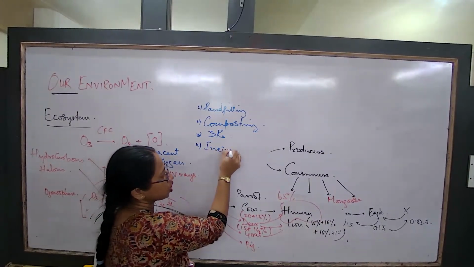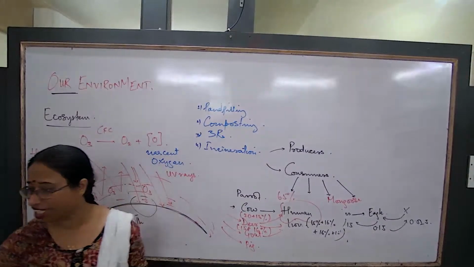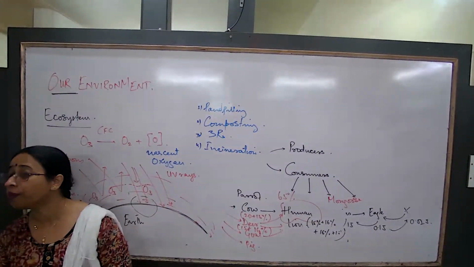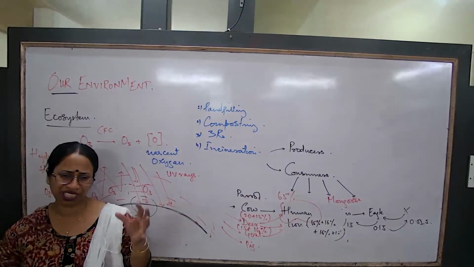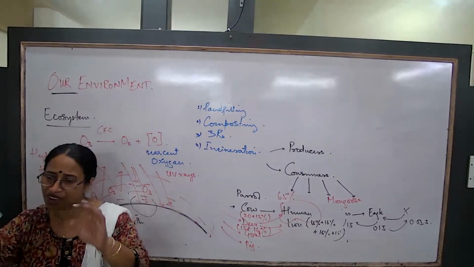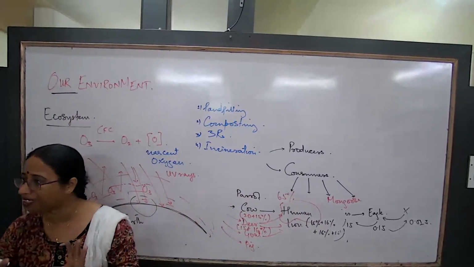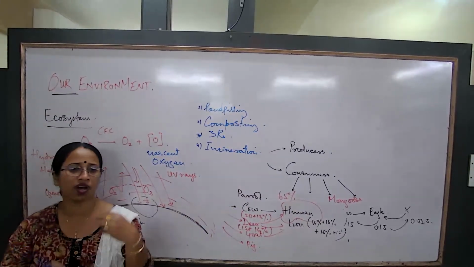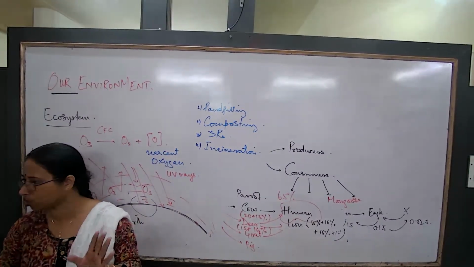What is incineration? All these points you will read. It's mentioned in the volume also. Incineration is the burning of a huge amount of waste. Take all the dried leaves and the farm waste in heaps, and when we put fire, a heap of waste gets all burned up. And what are we getting? All the inorganic substances, which get mixed with the soil and add nutrients to the soil.